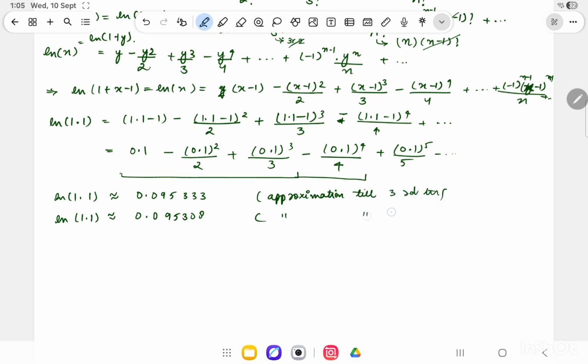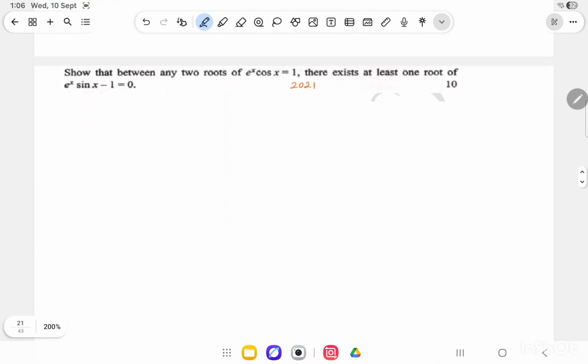This is the approximation till the fourth term. So we are supposed to calculate a correct approximation up to the 4th decimal point. If you observe, this is correct up to 4 decimal points, so we calculate ln 1.1 using 4 terms. So this is the correct approximation of ln 1.1. So let's move on to the next question.